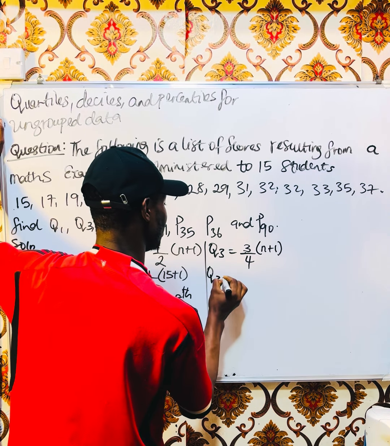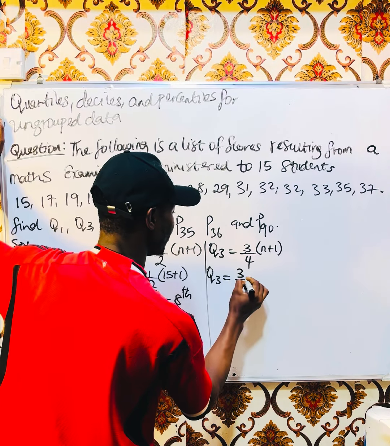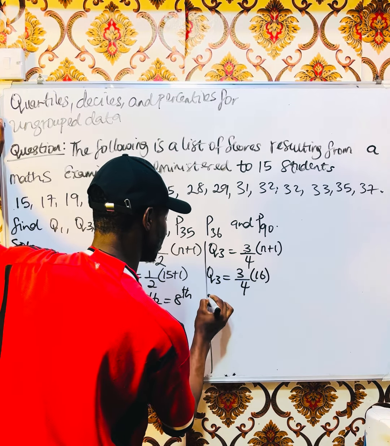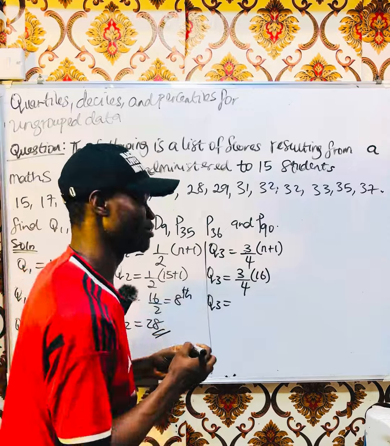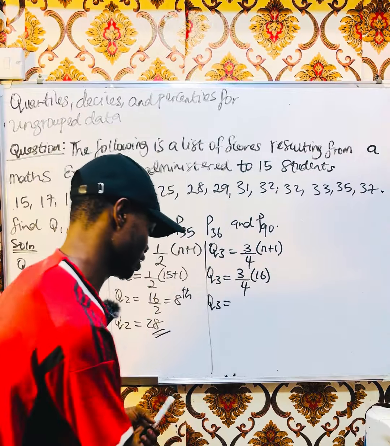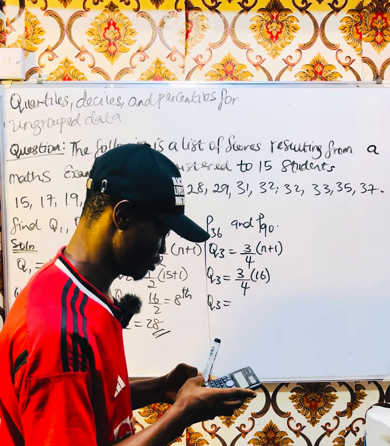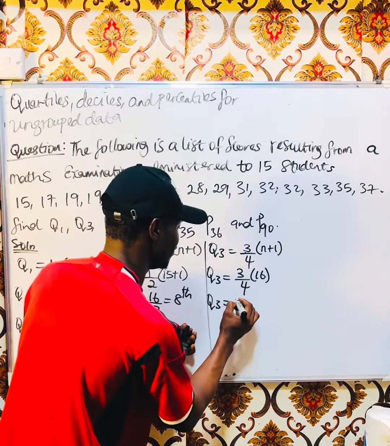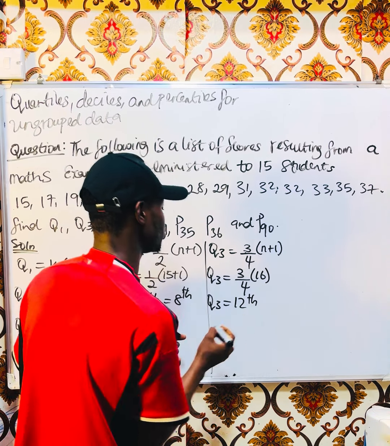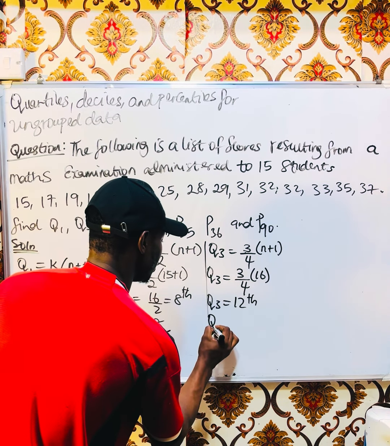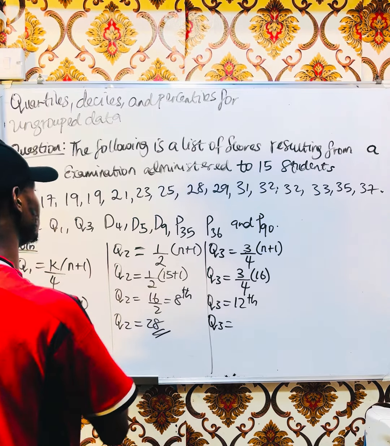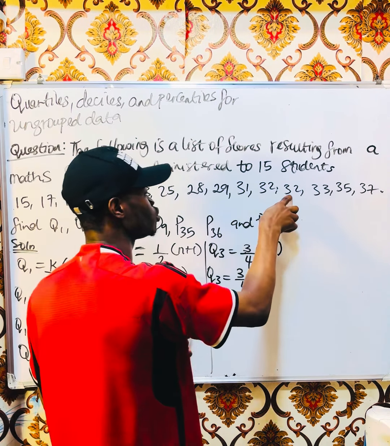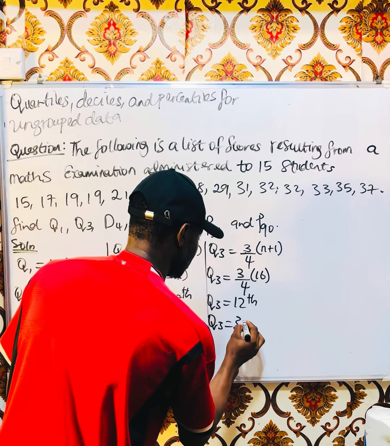So our Q3 is 3 over 4 times 15 plus 1, which is 16. 16 times 3 is 48, divided by 4 gives 12. So this is the 12th position. Let's go for the 12th position: 1, 2, 3, 4, 5, 6, 7, 8, 9, 10, 11, 12. So Q3 is 32.